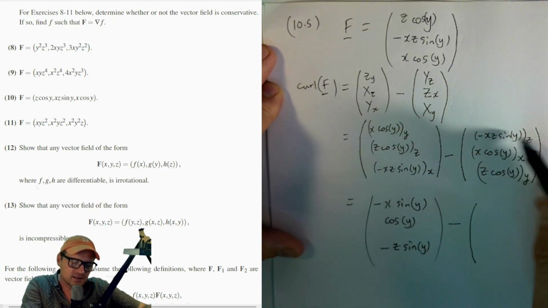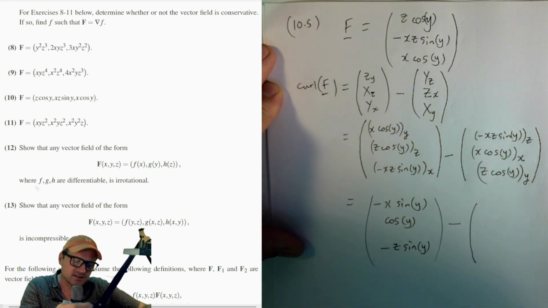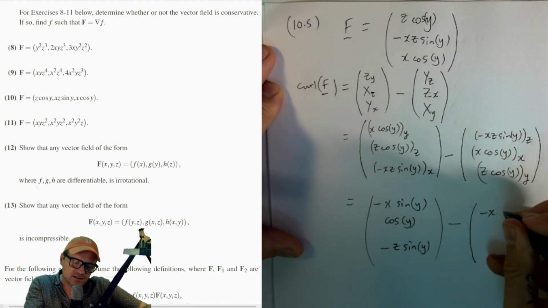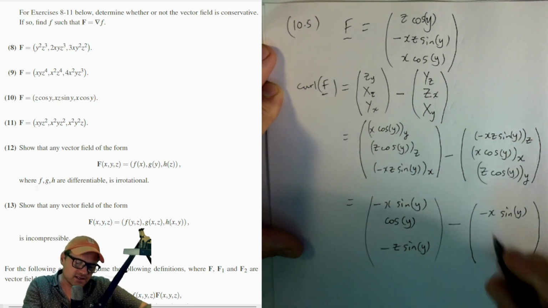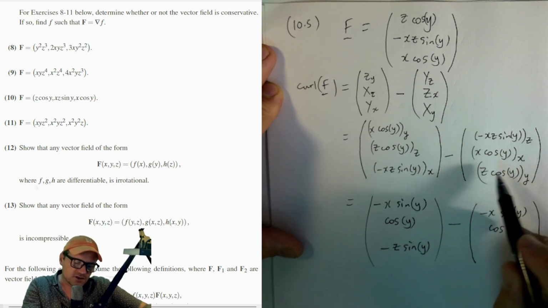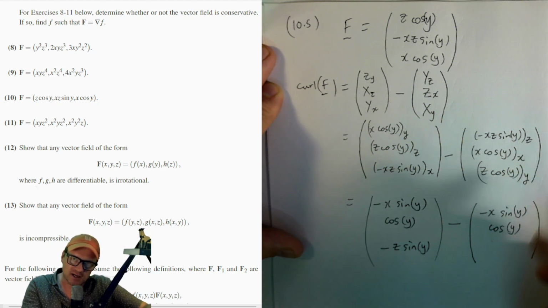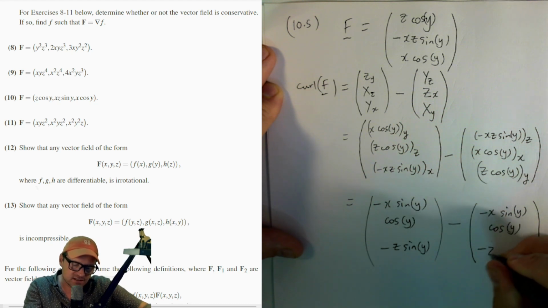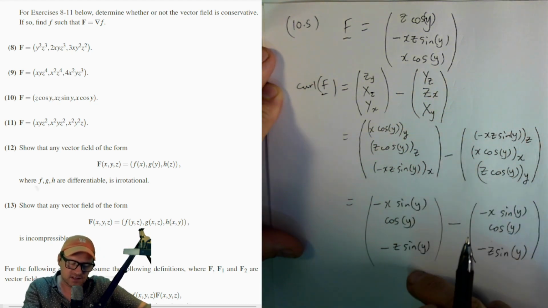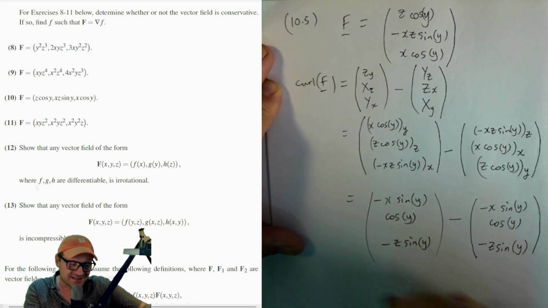Okay, next, differentiating minus x z sine y with respect to z partially gives minus x sine of y. Differentiating this with respect to x partially gives cos of y. And differentiating z cos of y with respect to y partially gives minus z sine of y. Okay, now this vector is the same as this vector, so the difference here is the zero vector.